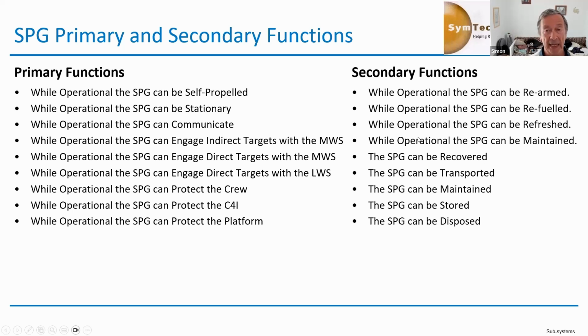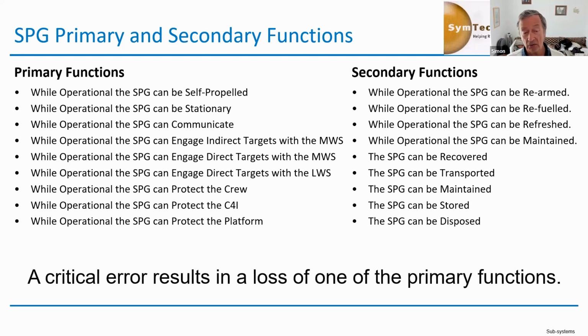What's important about this is when we came to define the RAM, the reliability, availability, and maintainability requirements, because they were having a big problem trying to define them. But once we had got all these functions, and we'd allocated them as either primary or secondary functions, we could say, well, a critical result is the loss of one of the primary functions. If it can't do one of these things, it's not doing its main job.